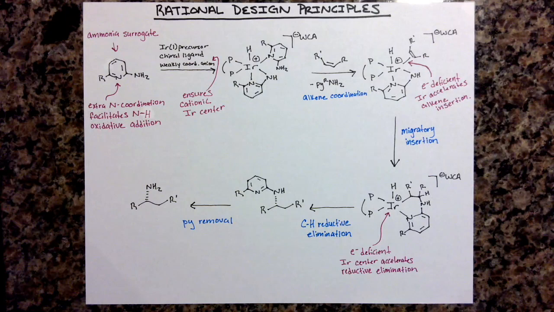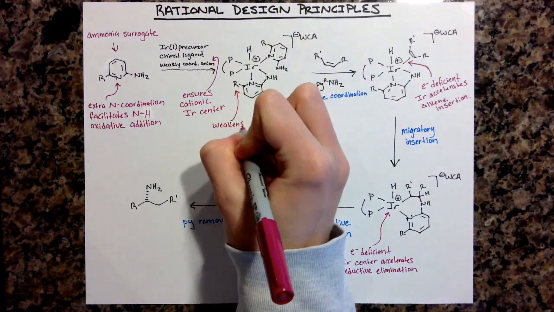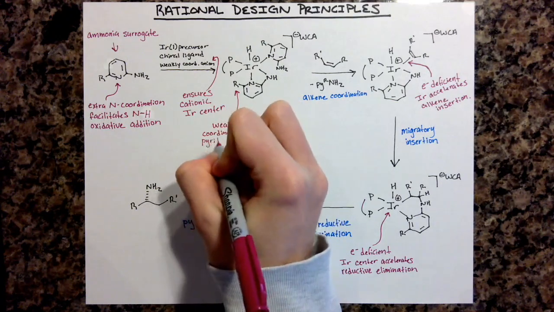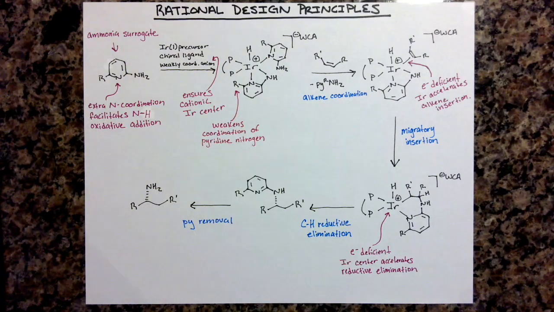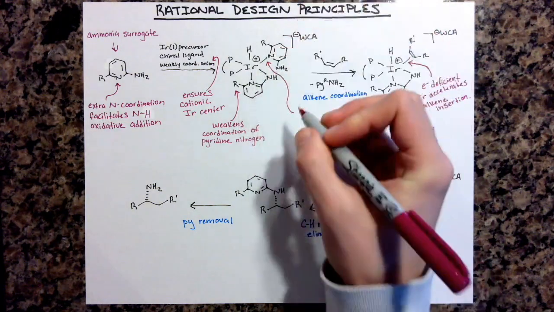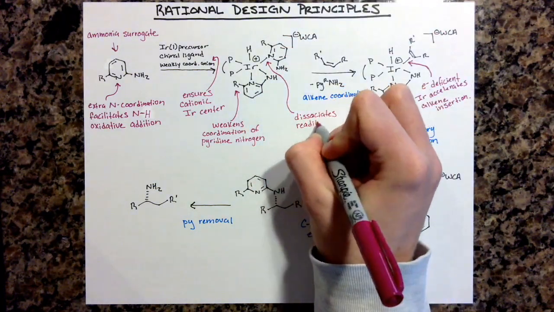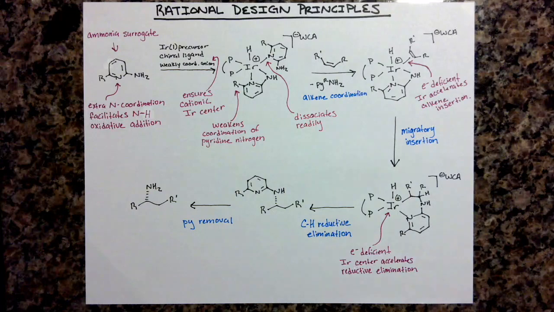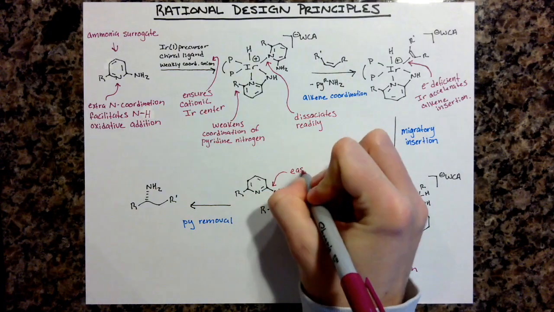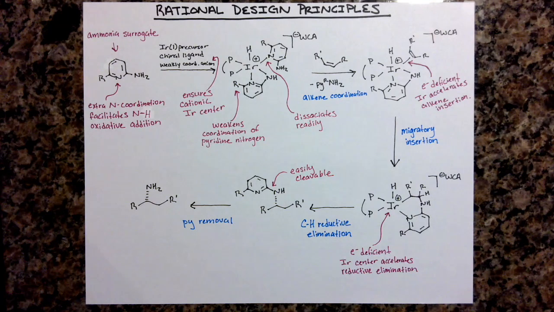So they find that optimally, if they just use a methyl group, the reaction works, whereas if it's just 2-aminopyridine, the reaction doesn't work. And their idea here is that that methyl group weakens the binding of a second pyridine ligand on the iridium so that that can dissociate and allow alkene association. And again, this was probably needed because they switched to a cationic iridium center where the ligands will bind stronger.